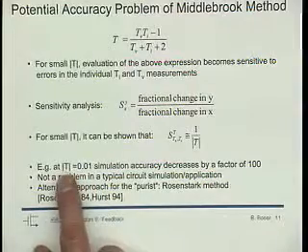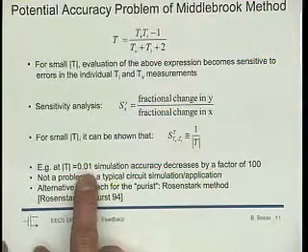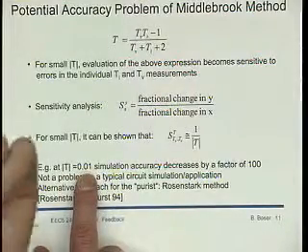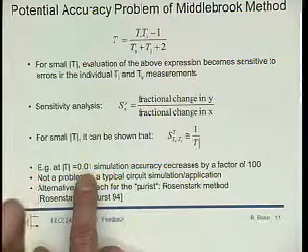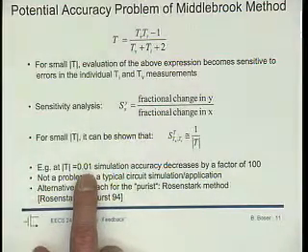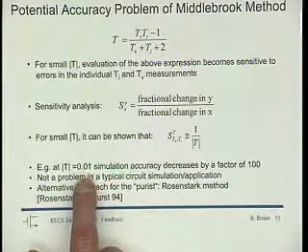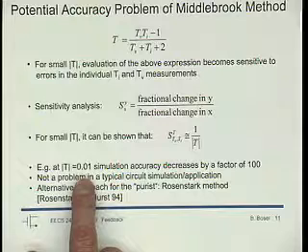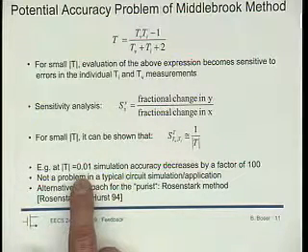Particularly if you have T of s at 1 over 100, and you have set your reltol to 0.1%, the actual accuracy that you're getting out of your simulation is 100 times worse, or 10%.